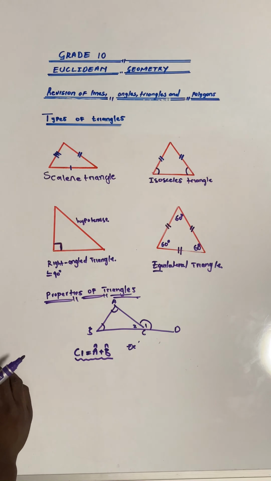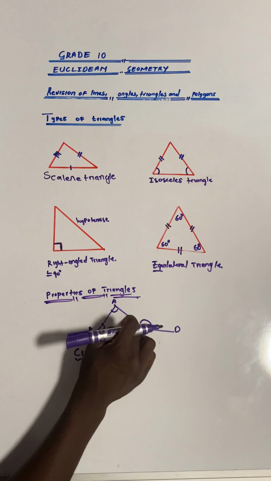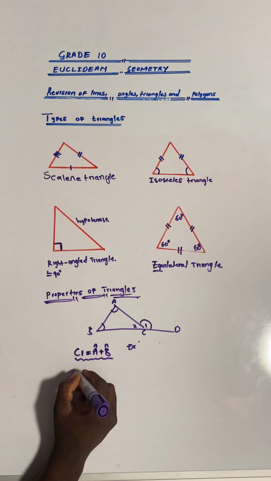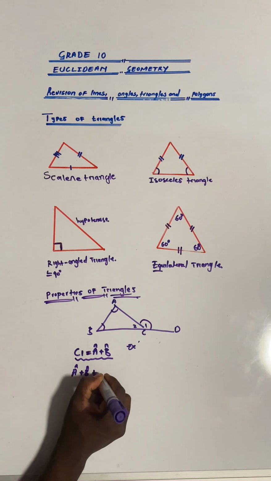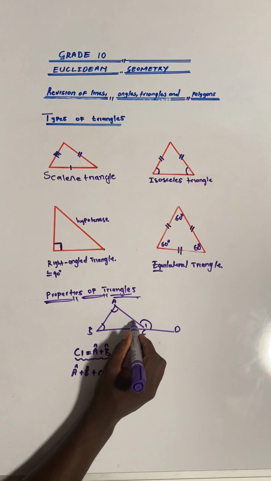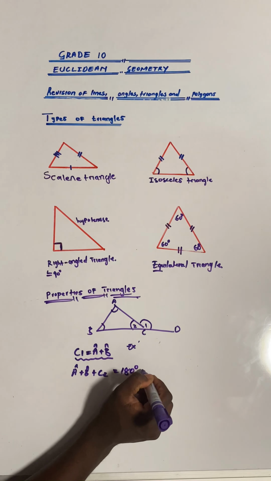What is the second thing that we must know about a triangle, or the properties of a triangle? It's that the sum of the interior angles of a triangle are all equals to 180 degrees. So angle A plus angle B plus angle C2, which is this angle here, is equals to what? 180 degrees. And what is the reason?